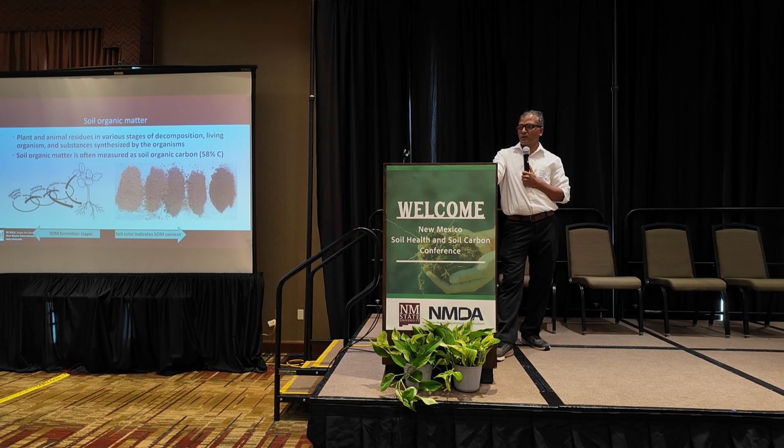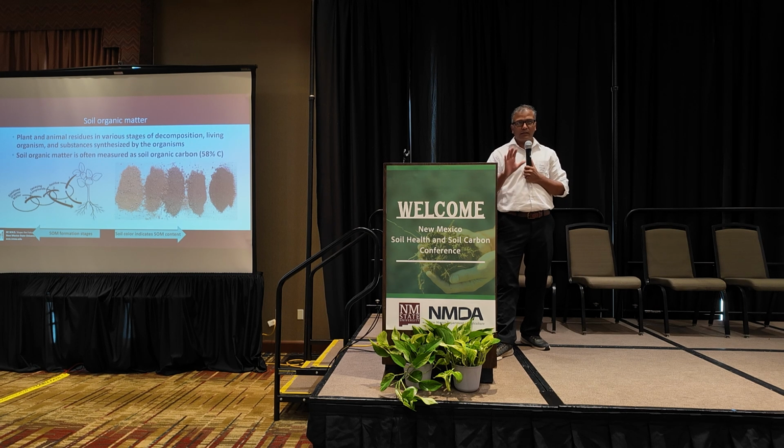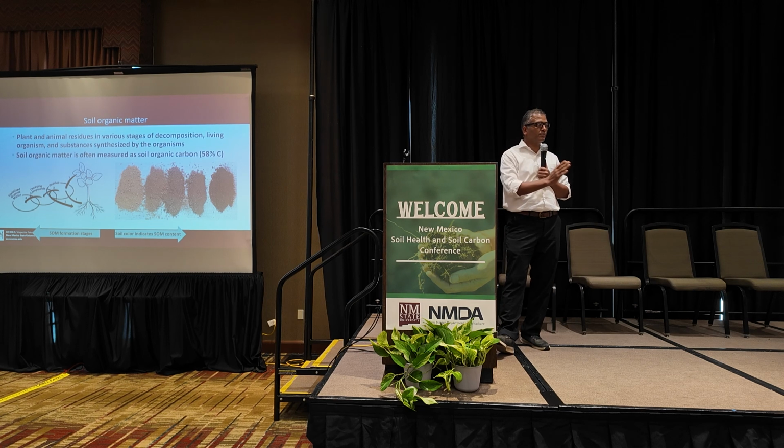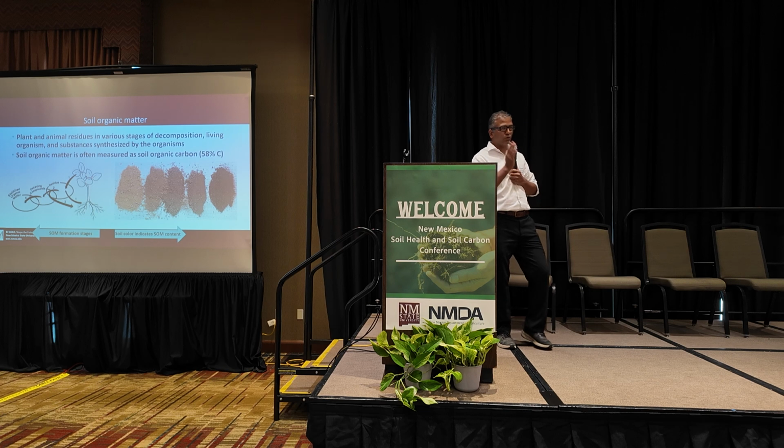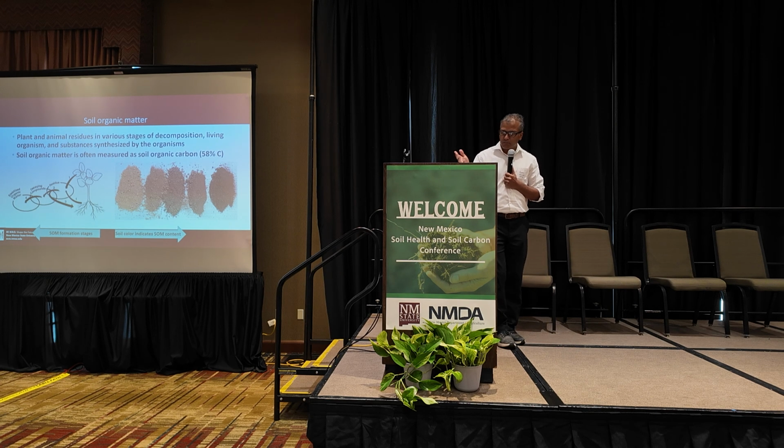When we talk about organic matter or organic carbon, organic matter is plant and animal residue. Anything we talk about in soil organic matter is any form of plant and animal residue in different states of decomposition. It could be fresh residue, active microbial community, partially decomposed material, and microbial byproducts.